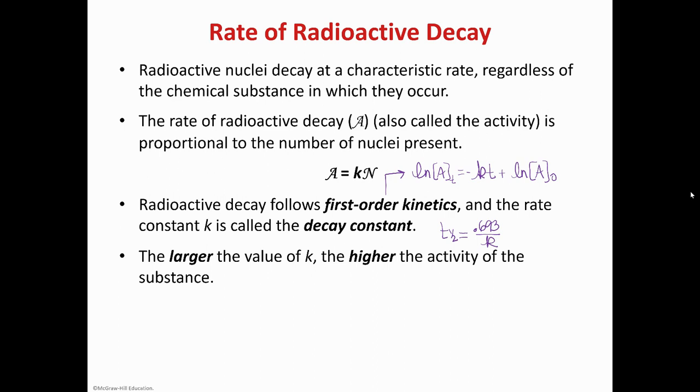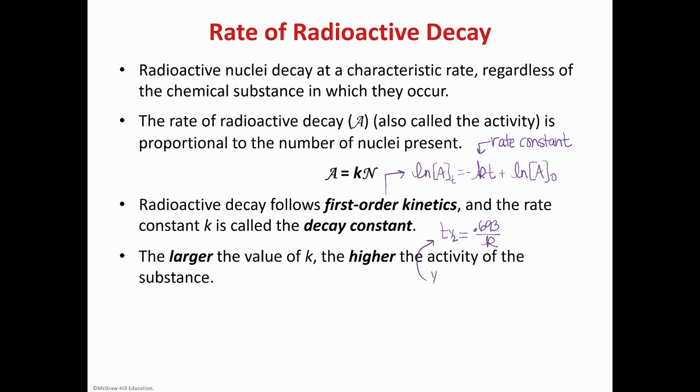Remember, k was the rate constant. And recall that these integrated rate laws could answer the question: if I start off with a certain amount, how much is left over a certain time frame? The other thing here was the idea of half-life.